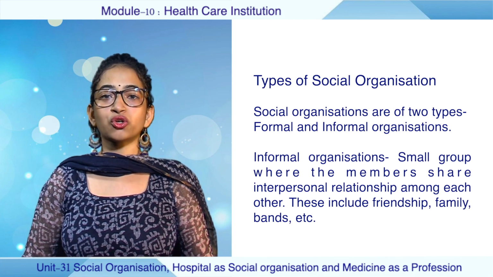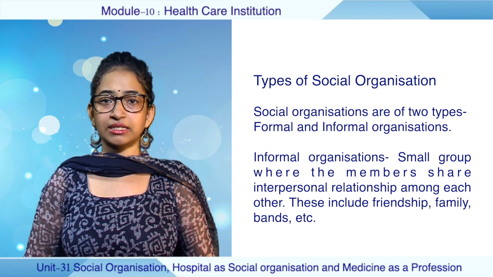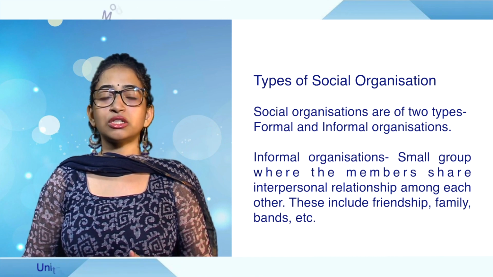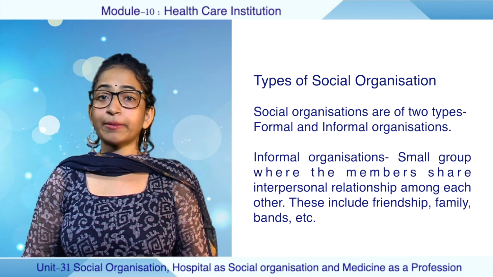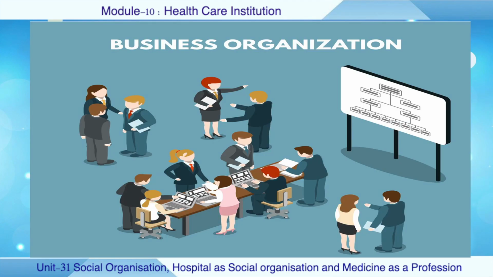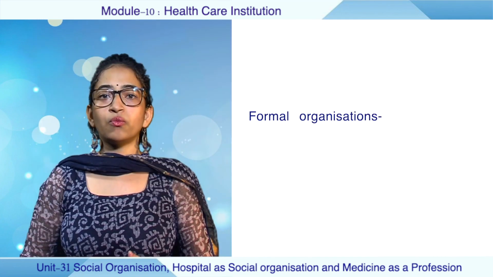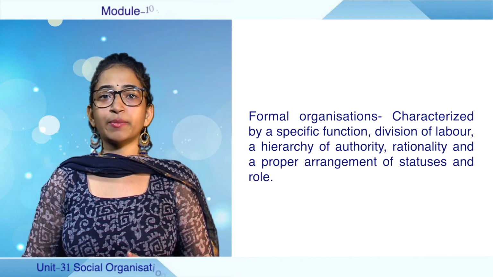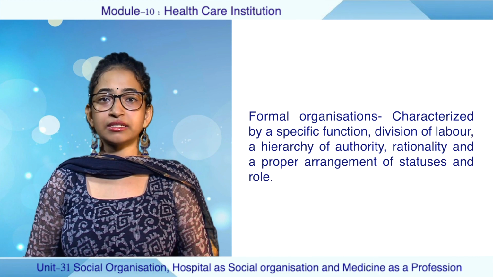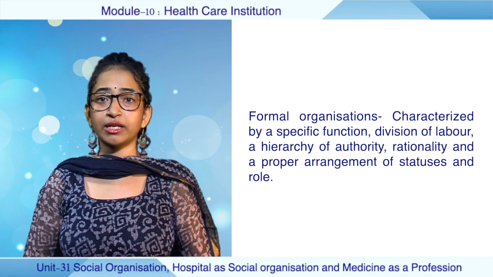They share their joys, sorrows, and fears with each other. These include institutions like friendship, family, bands, and so on. On the other hand, formal organizations are those which are characterized by the features I have listed in the beginning of the lecture.